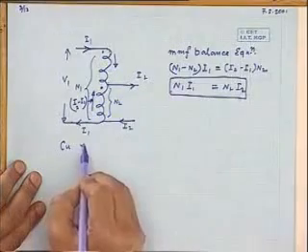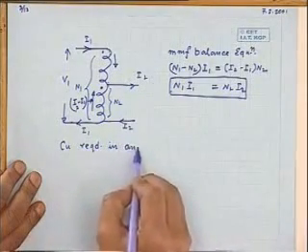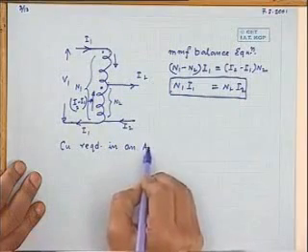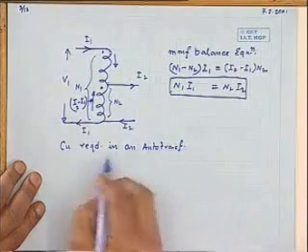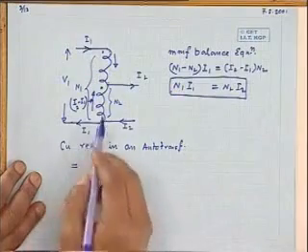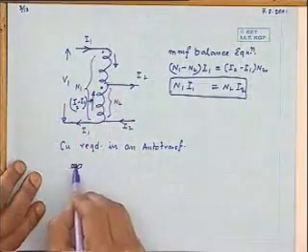So copper required in an auto transformer. Tell me, for this portion it will be proportional to what?